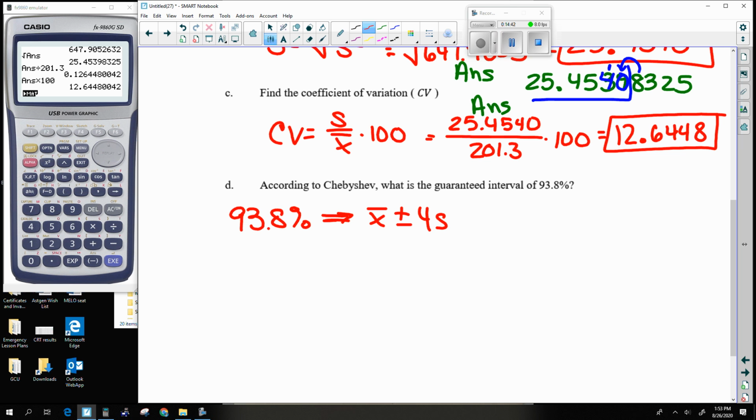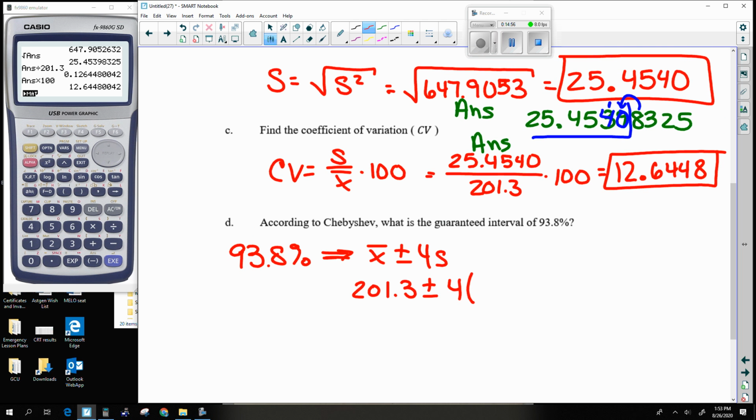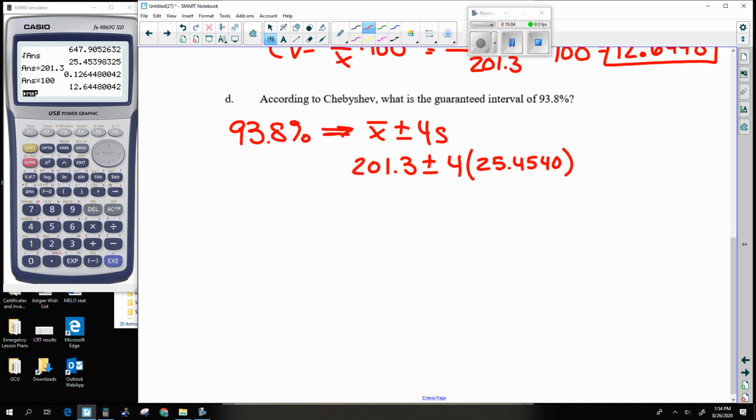Now we're talking about Chebyshev and the 93.8. So I take the average, which is 201.3, and I'm adding and subtracting 4 standard deviations. Again, standard deviation was the answer to B, and that was 25.4540. That will give me my interval.